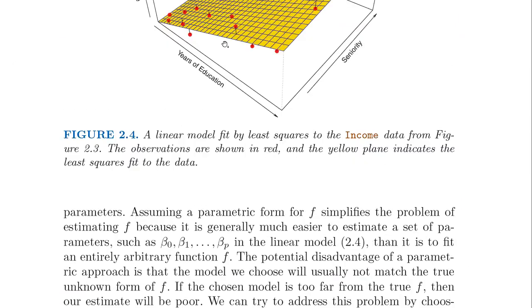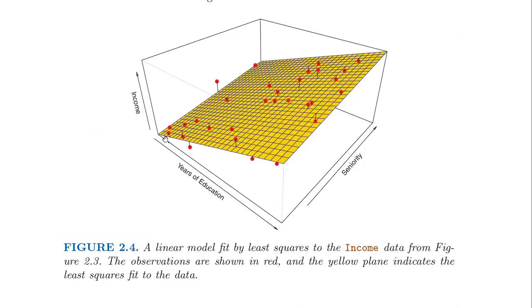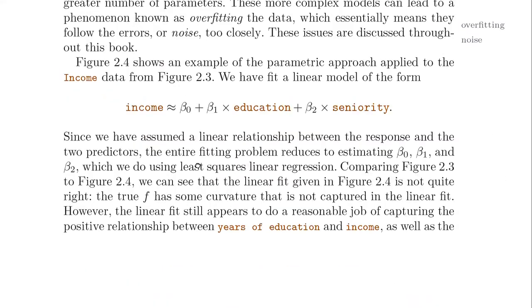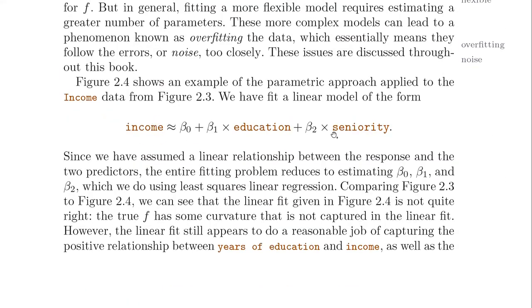So for the example that we've just been discussing, where you're trying to model income as a function of years of education and seniority, notice we don't have the error term, but for the simple reason that this is just an approximation. This would really be the expectation, the mean. Maybe I shouldn't use the word average, but I'll say the average.